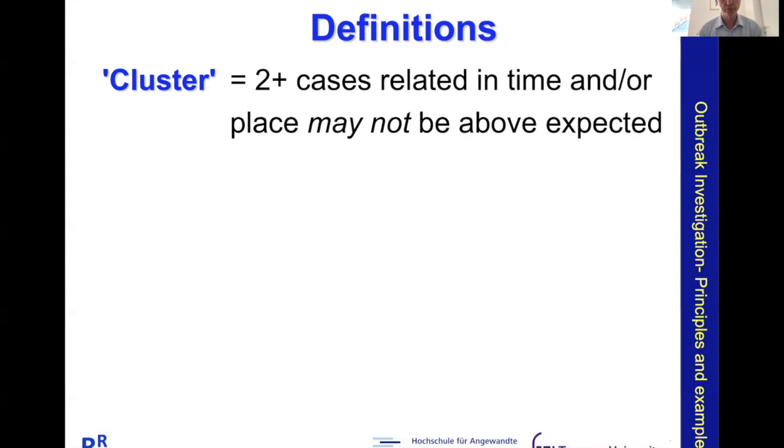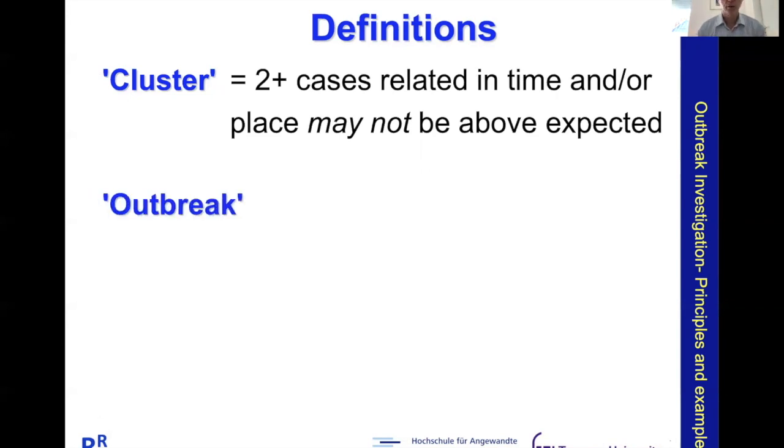So if you see 5 cases of hepatitis A in the autumn in some part of Finland, you might think, oh, here are 5 cases, but this might be just normal, just as expected. So it would be just a cluster of cases.